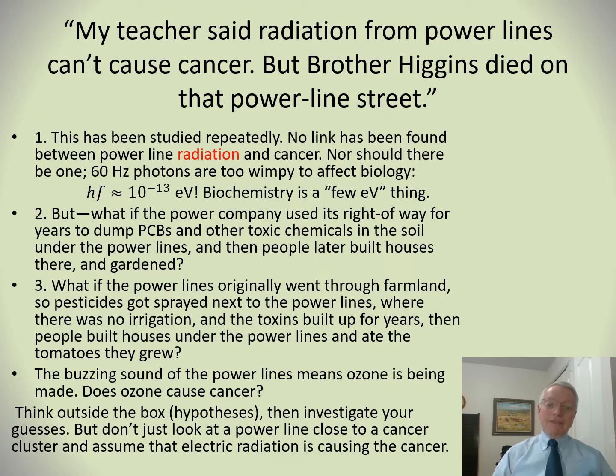Maybe it's that buzzing sound of the power lines. That means ozone is being made. Maybe ozone causes cancer. Well, that could be. Just because you see power lines and you know that there's electricity running up there, don't assume that electric radiation is the cause of whatever the problem is. There might be a problem, but it's probably not radiation.